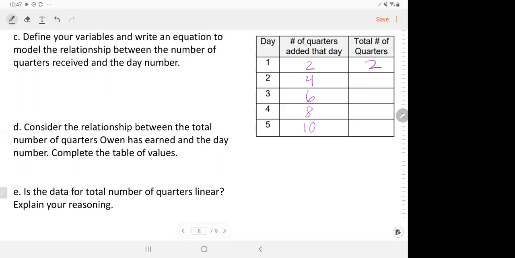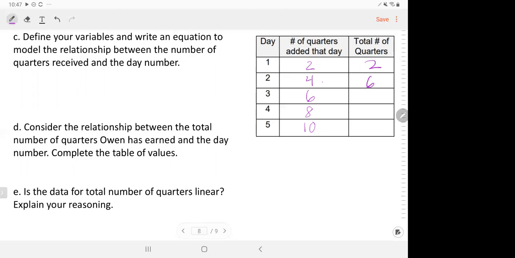So the total number of quarters on day 1 was 2. Total number of quarters on day 2, I would have had 2 plus 4, so 6. On day 3, I would have already had 6. We're assuming that we're not spending our quarters. I should erase that because it kind of looks like a decimal now.